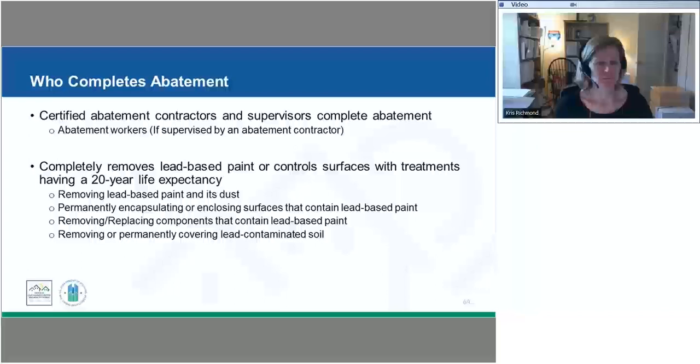But we're going to continue with our visual assessment to ensure that if we begin to see, now past the life expectancy of that abatement, signs that it is no longer functioning the way it was supposed to, then we will take the appropriate action based on that.